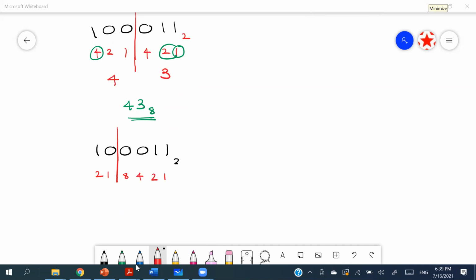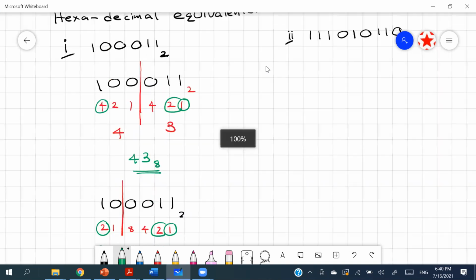Here we consider the 1 and the 2, and here it's just 2. So this gives you 3, and this gives you 2. So the final answer is 23 in hexadecimal, right?